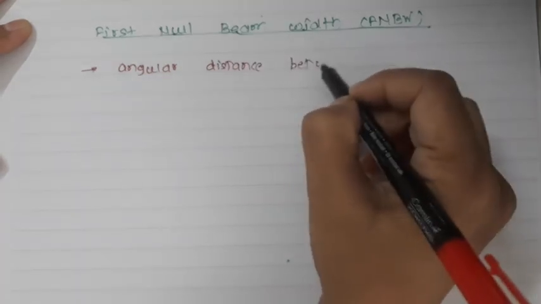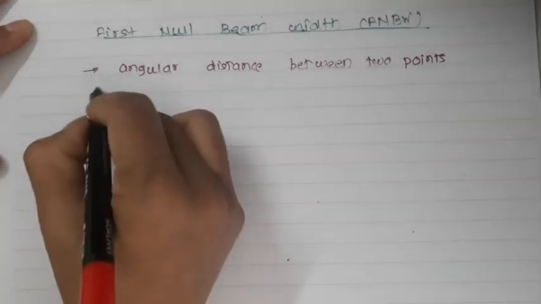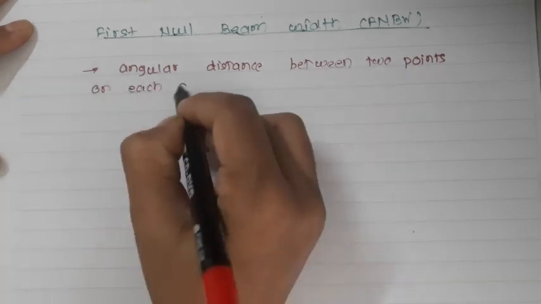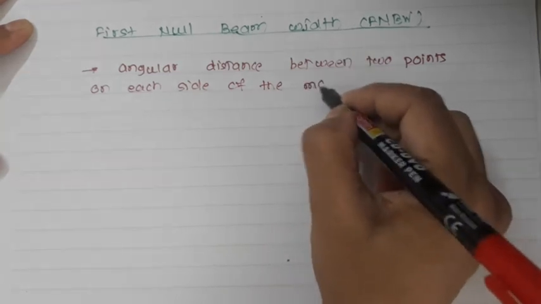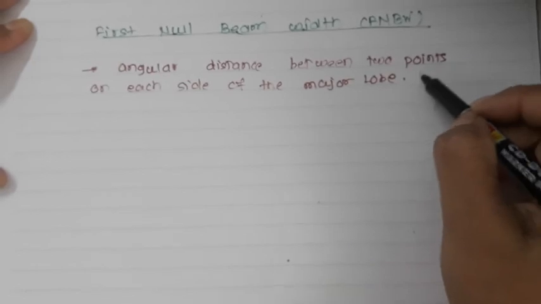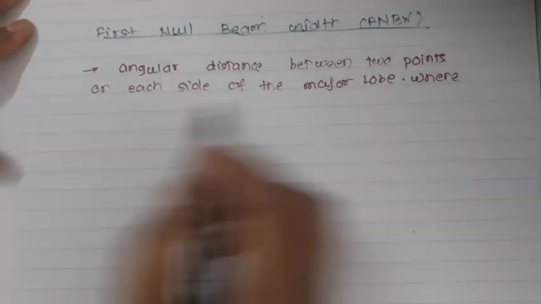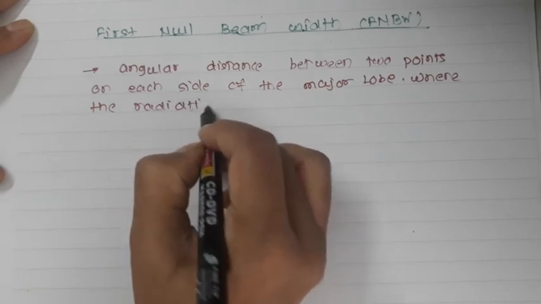These are 2 points on each side of the major lobe, just adjacent, where the radiation drops to 0.